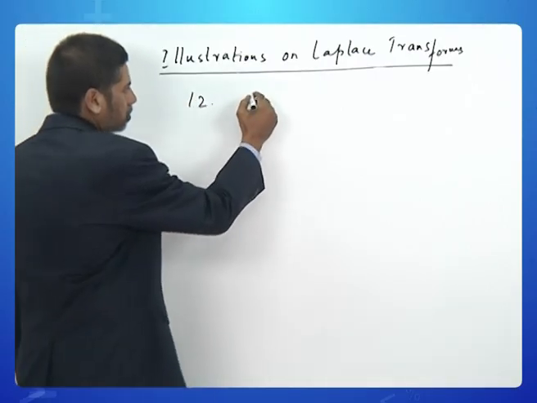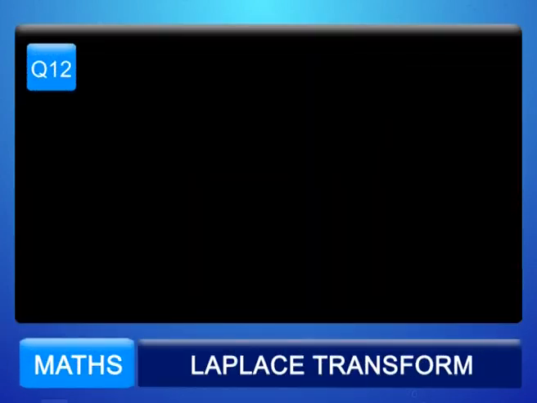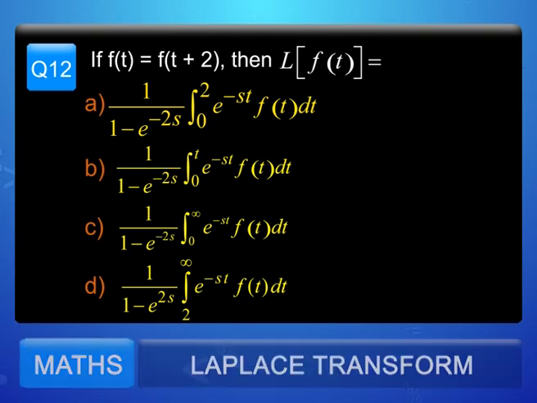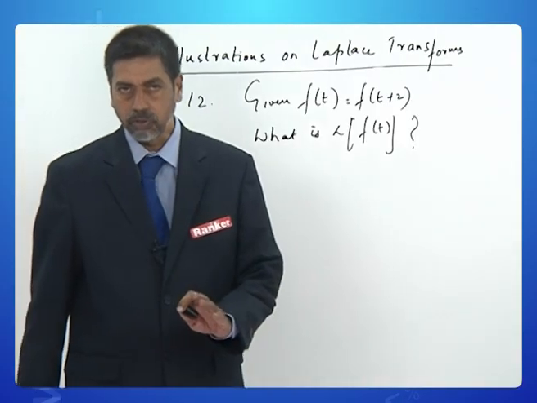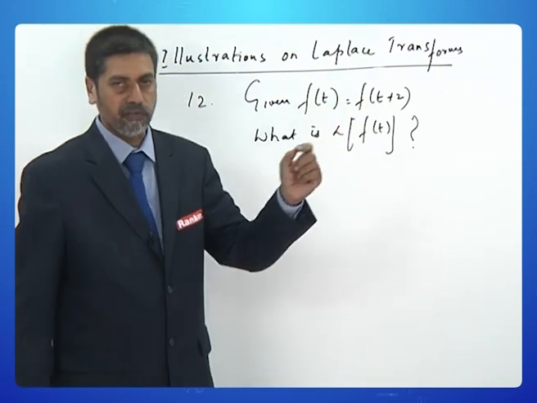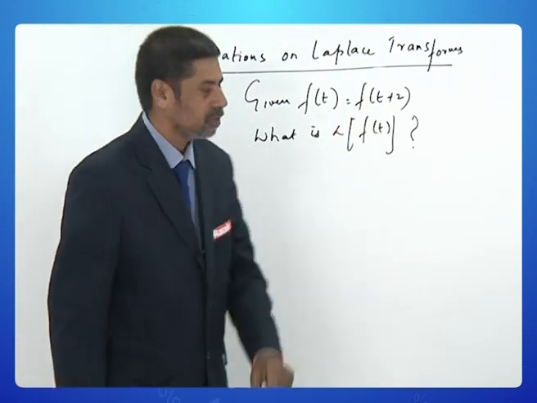Let's first see the question. Given f of t is equal to f of t plus 2, what is Laplace transform of f of t? Friends, I hope you know the moment you read a statement like this, f of t stands for a periodic function.